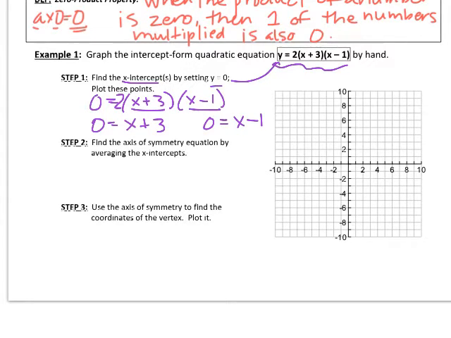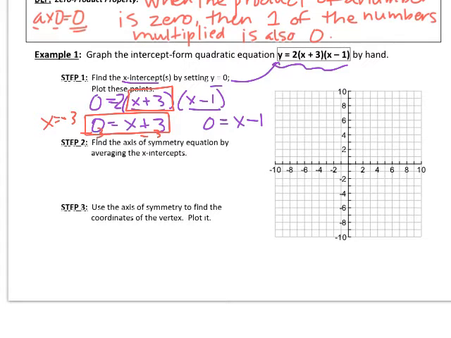We already know that if one of these binomials is 0, then this entire side of the equation is going to be 0 because whatever we multiply 0 by becomes 0. So if we want to find out when y is 0 what x is, we can just set one of those binomials equal to 0. If I subtract 3 from both sides, then x is negative 3.